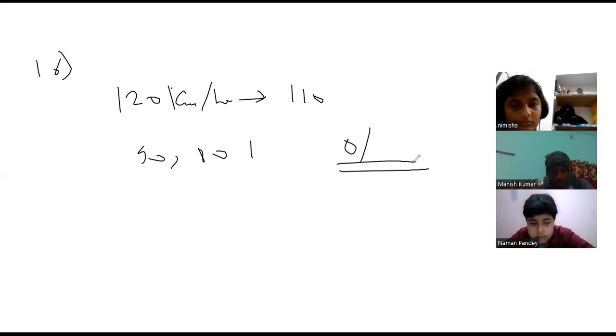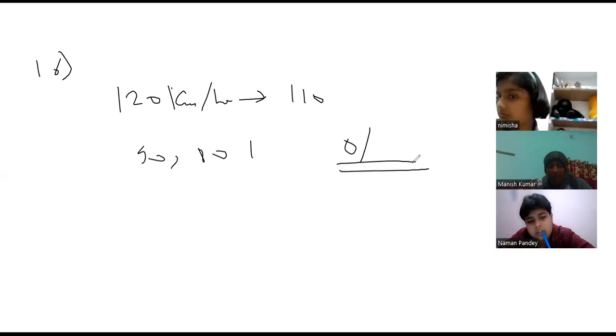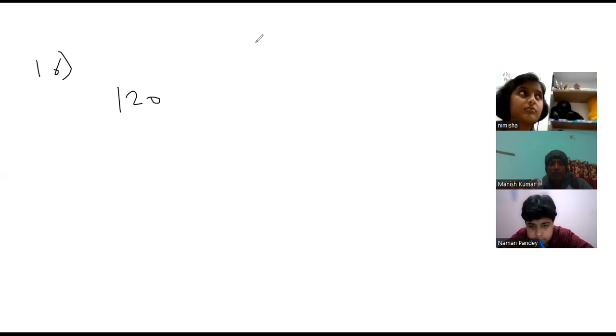Now, the option was an aeroplane flying at a speed of 750 kilometer per hour towards north. That means it is maintaining a speed of 750 kilometer per hour continuously, isn't it? That means it is having uniform motion, isn't it? Uniform motion. What was the definition of uniform motion?